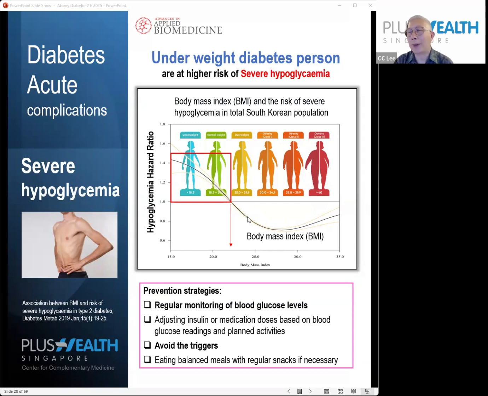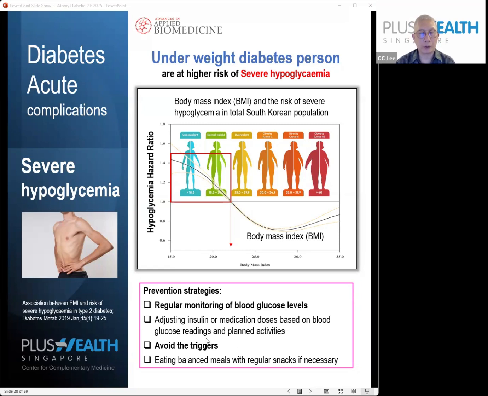So for diabetic patients, overweight persons are safer from acute hypoglycemia compared with underweight persons. That's a very important point. So if you're underweight and suffering from diabetes, you have to be even more careful about acute complications of severe hypoglycemia. This study is from Korea, so it represents the Asian profile.